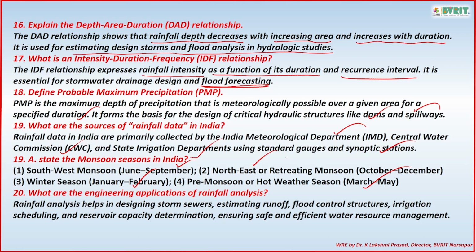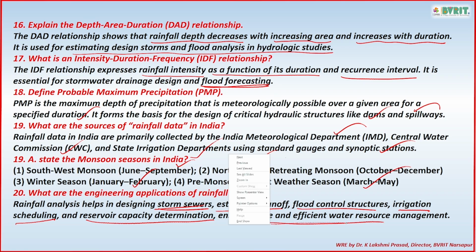What are the engineering applications of rainfall analysis? Mainly, rainfall analysis helps in designing storm sewers, which are the pipes, estimating runoff, flood control structures, irrigation scheduling and reservoir capacity determination, ensuring safe and efficient water resources management.